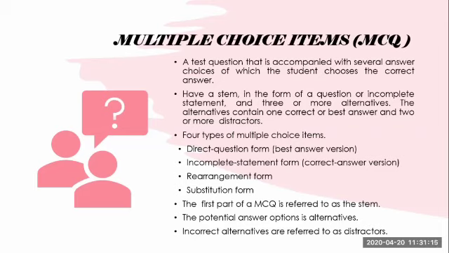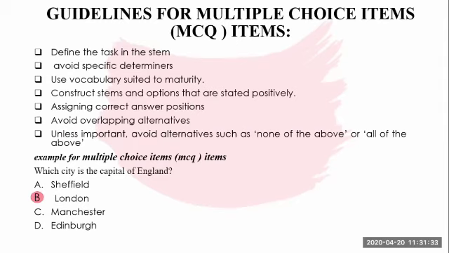The potential answer options are alternatives. The incorrect alternatives are referred to as distractors.